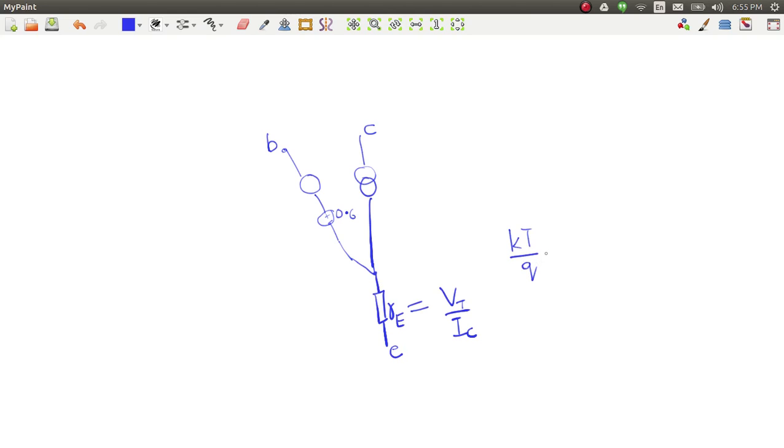So this is 25 millivolts at room temperature, which means if I had a current of 1 milliamp, then the resistance that I expect to have at that emitter is 25 ohms.